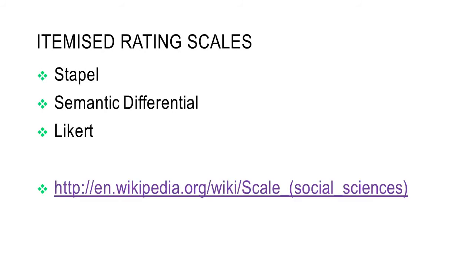Okay, now we're going to look at our 3 different itemized rating scales. We've got the 3 listed there, and you can see that I've also given a link to Wikipedia.